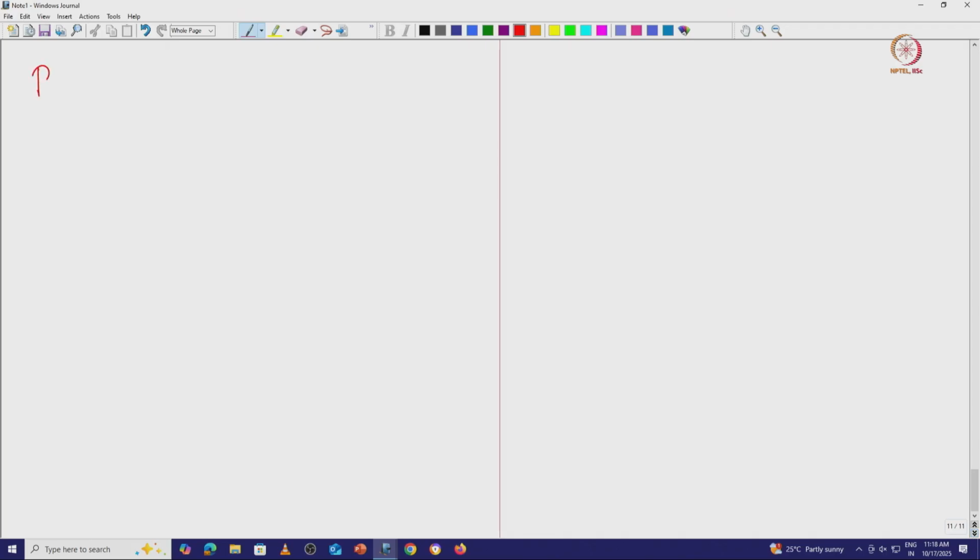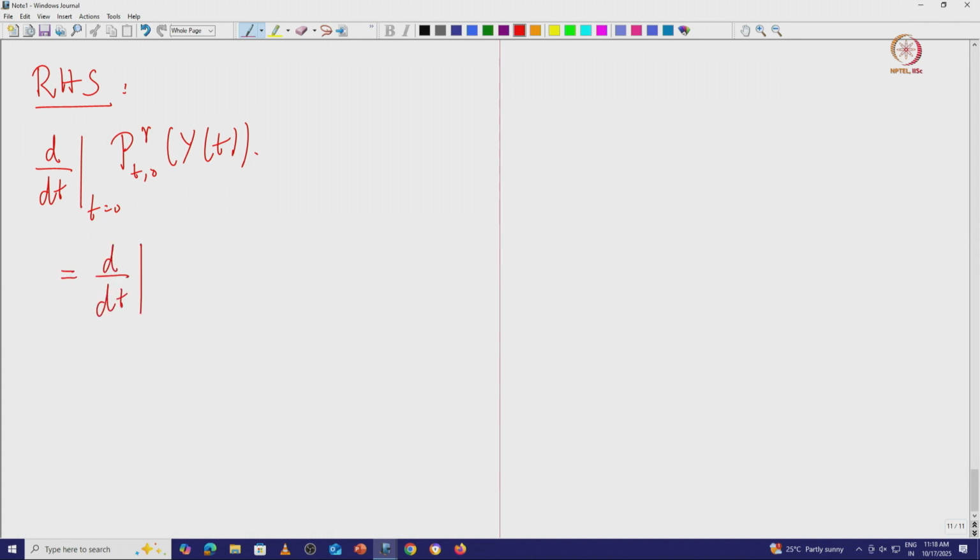So the RHS is basically d by dt at t equals 0 of the parallel transport map, right. But what is Y?